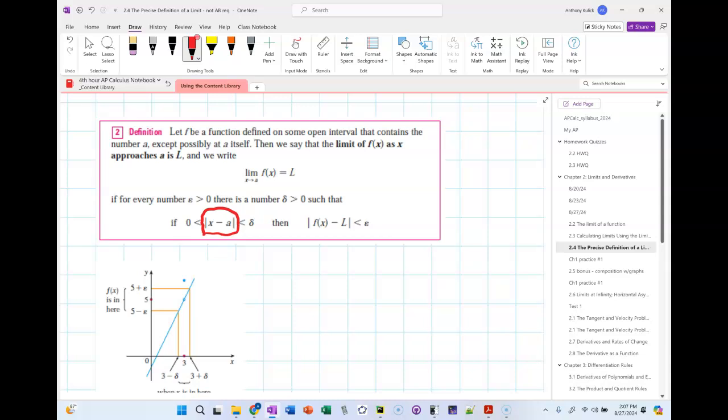So we're saying if the distance between x and a is between 0 and delta, then the distance between the y coordinate, f of x, and the limit, L, has to be less than epsilon. So it's saying, if I put a bound on how far x is from a, I also get a finite bound for how far y is from the limit. Does everybody feel okay with that?